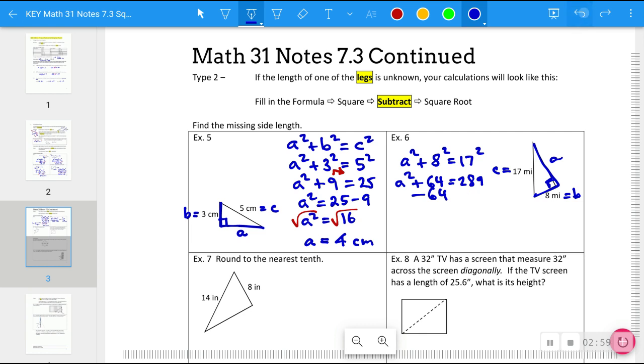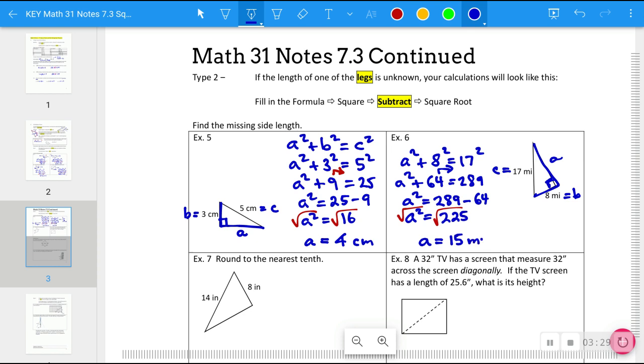I tend to do it a little differently. I like the style where you take it over to the other side and change the sign. There's a lot of times when that'll save you steps. Anyway, subtracting 64 off both sides gives 225 here. And I happen to know that that's 15 times 15, so when I take the square root, I'll get 15 here.